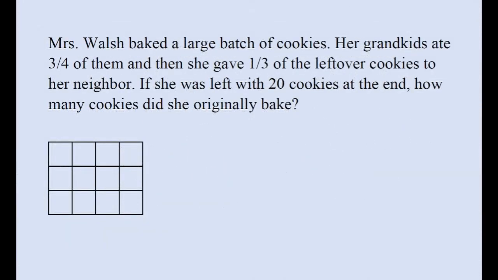So for problems like this, I like to start with a rectangle. Now, what kind of rectangle should I choose? I want to make sure I can represent 3/4 and 1/3 conveniently using my rectangle.